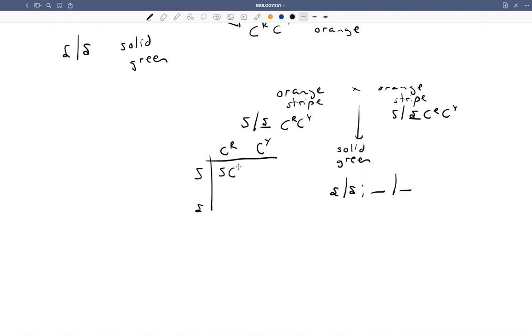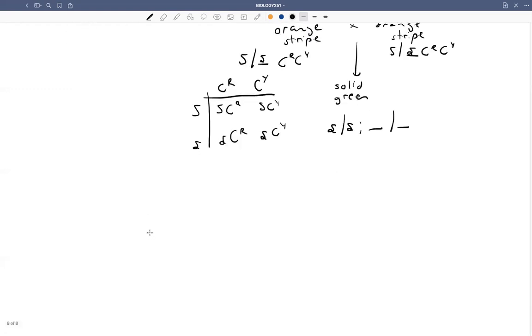So big S can be with CR, big S can be with CY, little s can be with CR, and little s can be with CY. So good example here of why I need to distinguish my capitals from lowercase. I'm not always writing those uppercase S's very clearly as bigger, but I have them written differently so I can tell they're bigger.